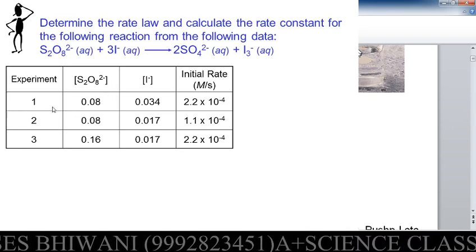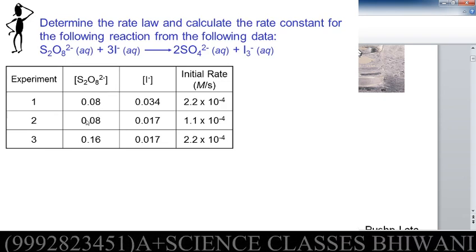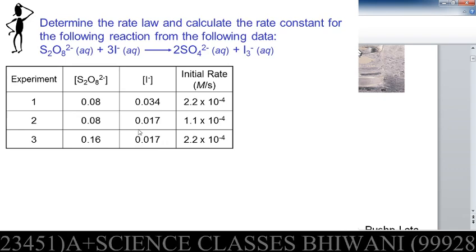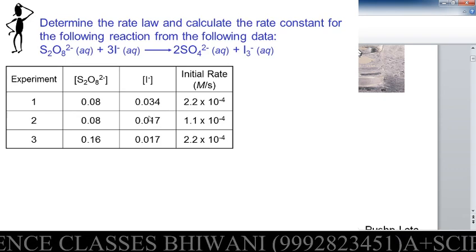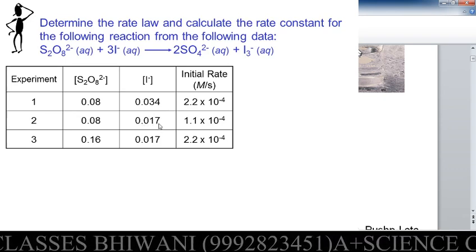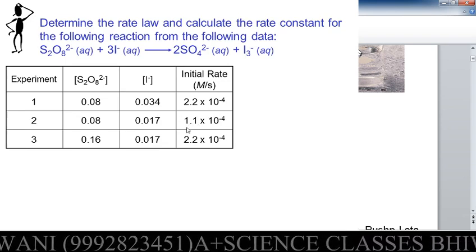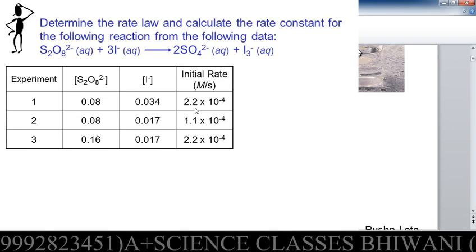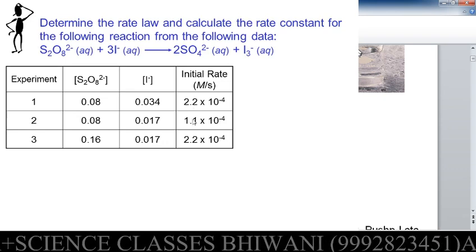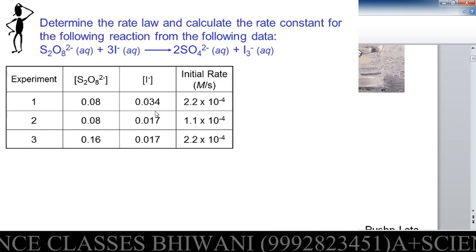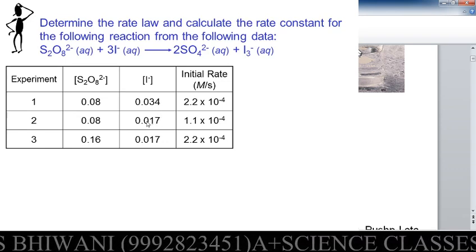Now come to experiments 1 and 2. The concentration of H2O8 is constant, 0.08, 0.08. Now what happens to the iodide? 0.34, 0.17, half of the previous. And from 2 to 1, it is double. The rate is also measured in the same form, 1.1 to 2.2. From the second to the first, the rate of reaction is twice. The concentration 0.17 to 0.3, double.